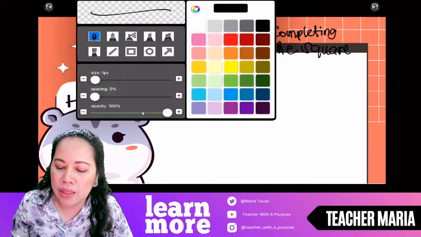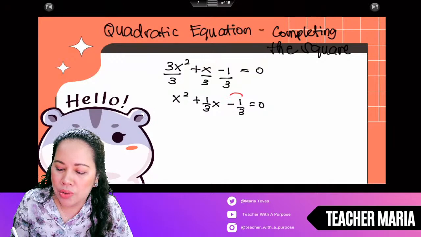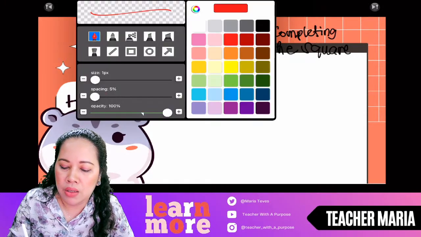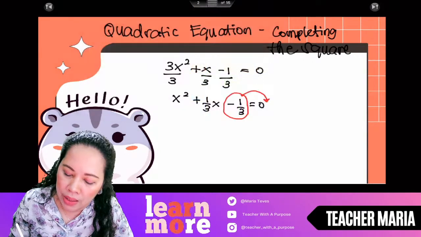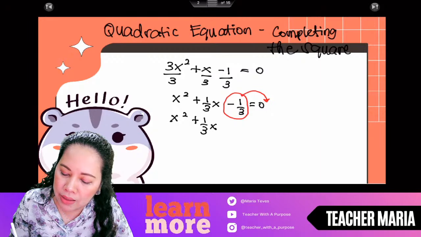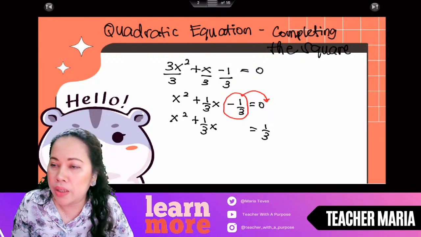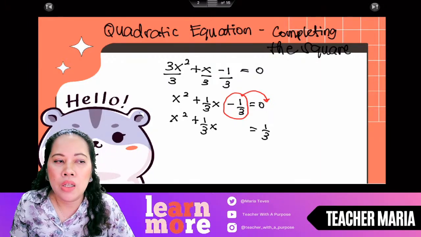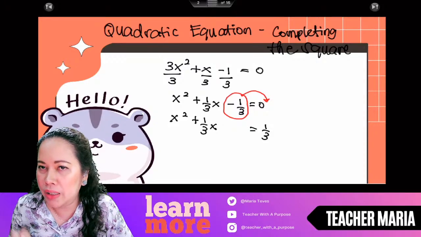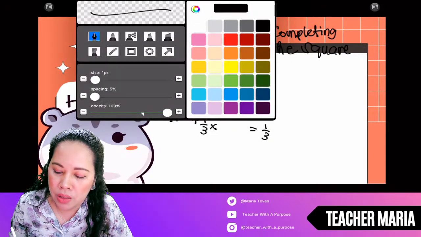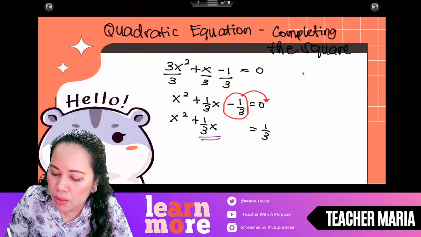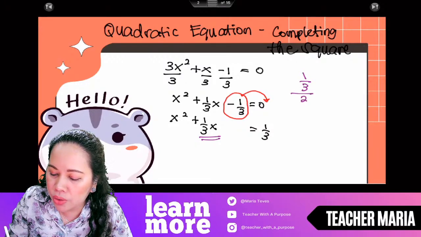All right, I'll go slow. Transfer this to the other side of the equation. You will have x squared plus 1/3 x equals 1/3. So you have to find the perfect square number by dividing the middle term, 1/3, divided by 2.